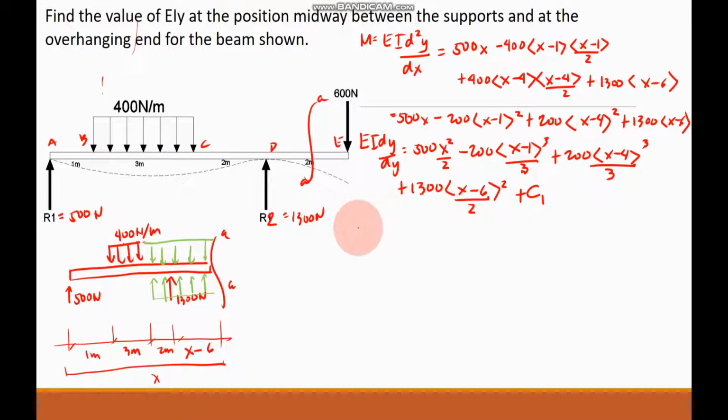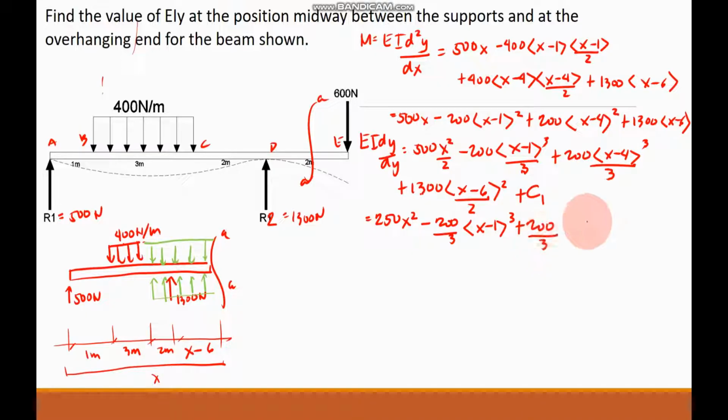So simplifying it further, we have here 250x squared minus 200 all over 3 of (x minus 1) raised to 3 plus 200 all over 3.